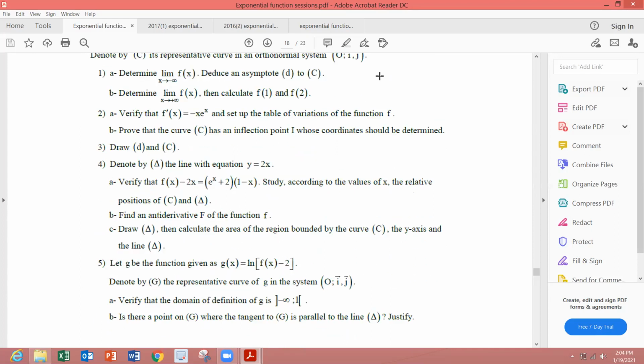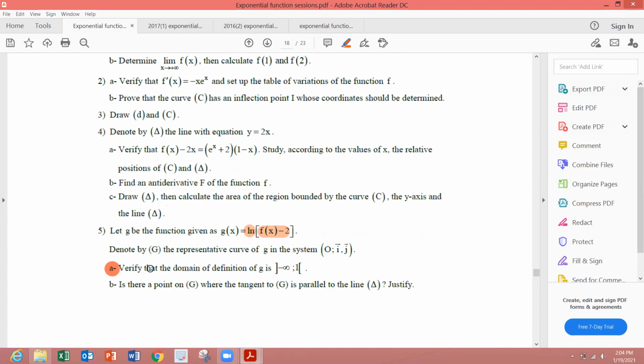In part 5, we have g be the function defined by ln(f(x) minus 2). Part A: how to verify that the domain of definition of g is (minus infinity, 1)?